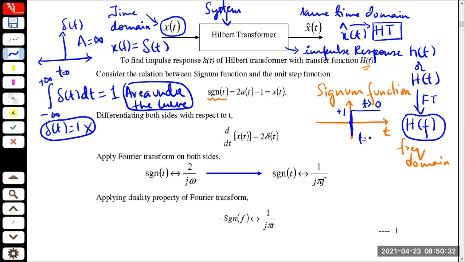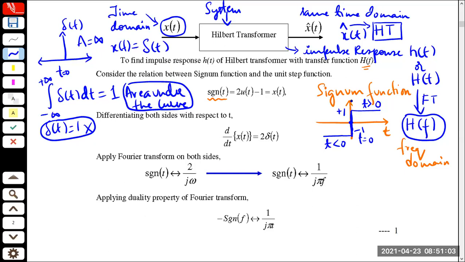And when t is lesser than 0, we are on the left hand side of the time axis, which indicates negative time. During this, it takes amplitude value equal to -1, indicated down below the y axis, which is amplitude in this case. So such is our signum function.